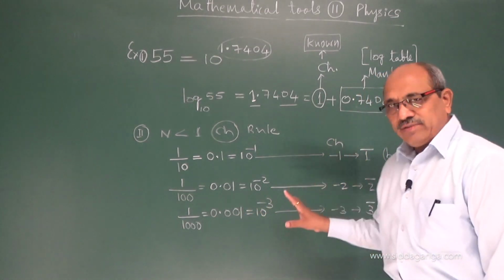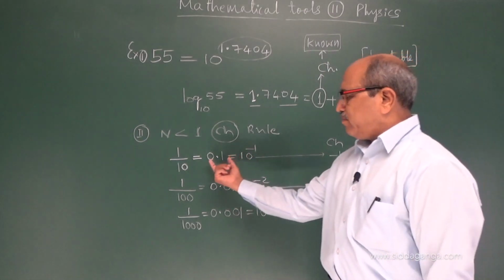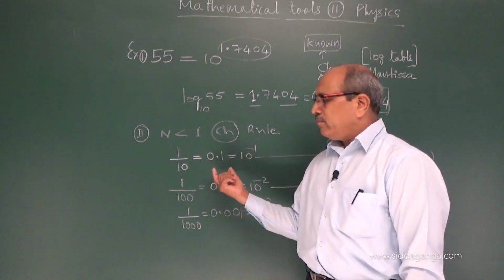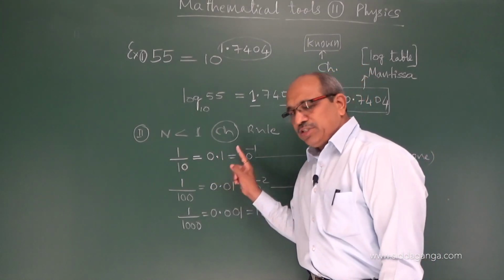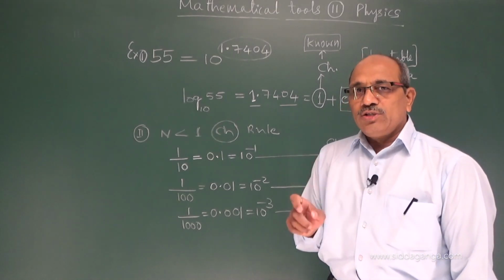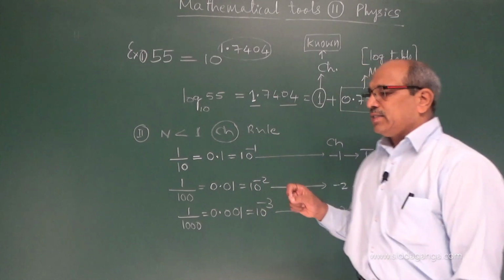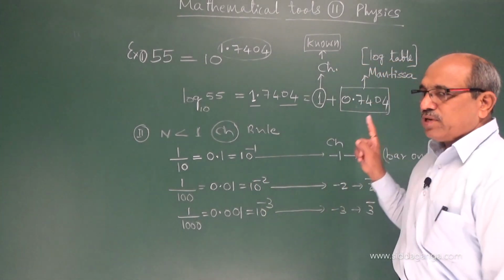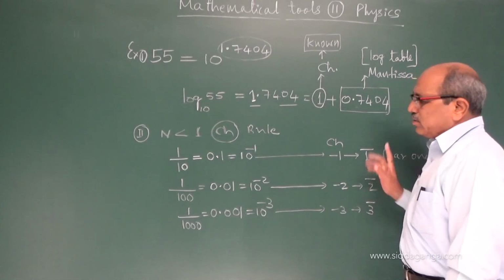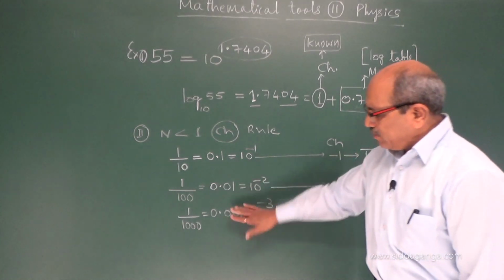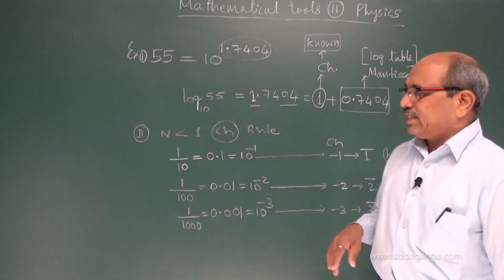I hope it is clear now. In finding the logarithm for a fraction, if the number is less than 1, first see the number of zeros between the decimal point and the non-zero digit. Count it, plus 1, take it as the characteristic, and write a bar at the top saying it is negative. Bar 1, bar 2, bar 3 you got. Likewise for any number, if there are 3 zeros, 3 plus 1, bar 4, like that.